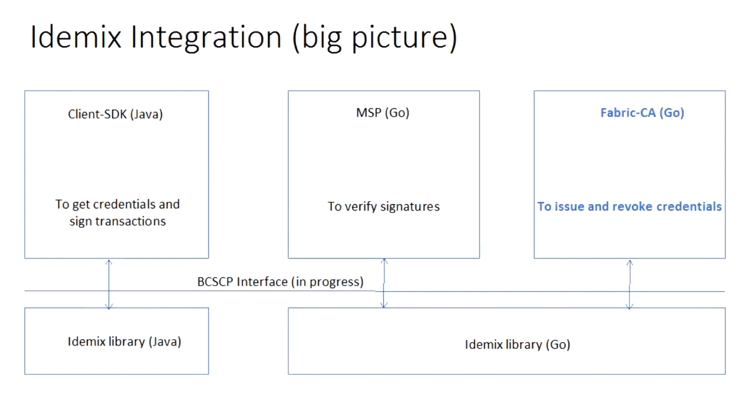We also have an Idemix library in Java, used by the client SDK in Java. The Java part is under review now. The MSP is mostly merged. That was released as an experimental feature in 1.1, except the revocation functionality. That's what we will add to the Idemix library in Go, the revocation part, and then we will update the MSP to support revocation.